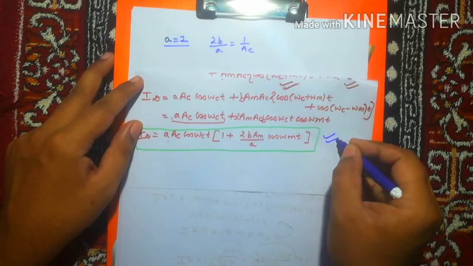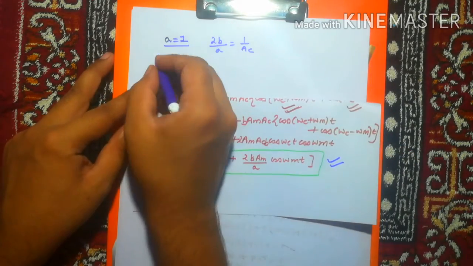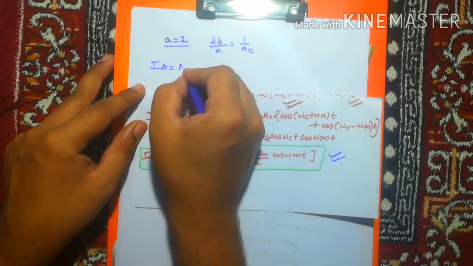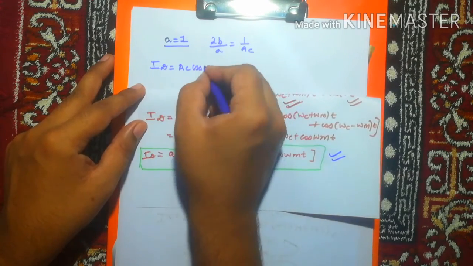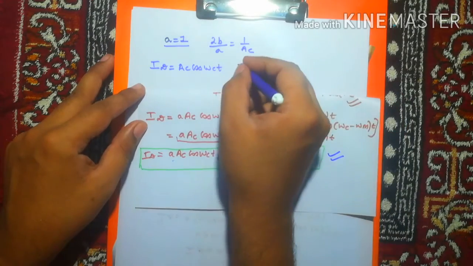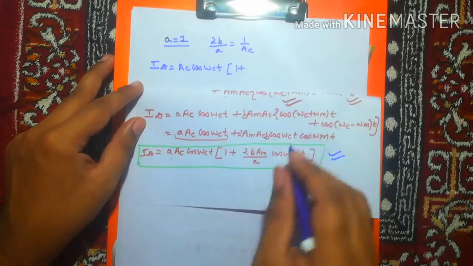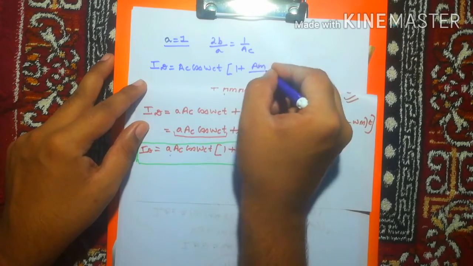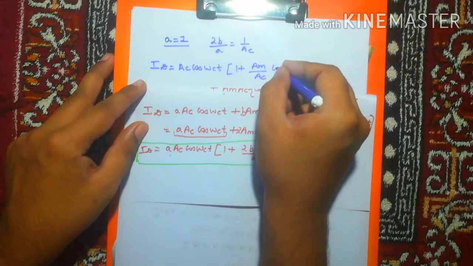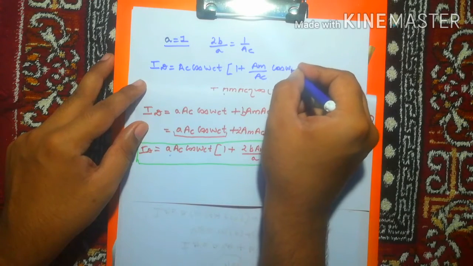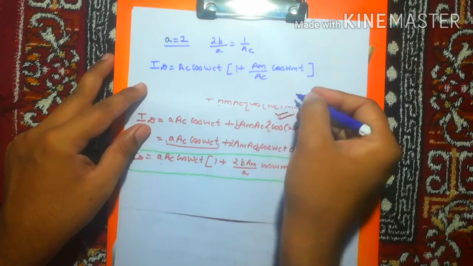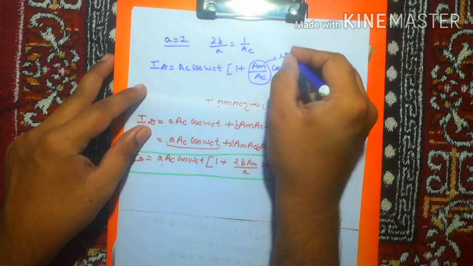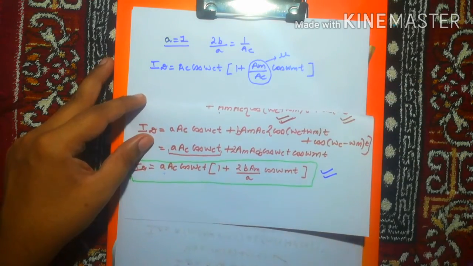Now what is the form of this equation? We can write this i_D equals, A becomes 1, so Ac cos of omega ct times 1 plus 2B by A, which becomes 1 upon Ac, Am upon Ac cos of omega mt. Now this term Am upon Ac, you already know, is represented by the modulation index, mu.